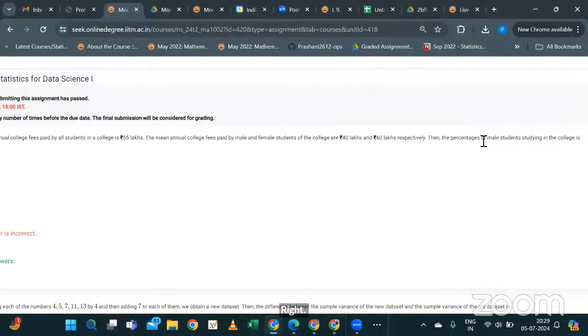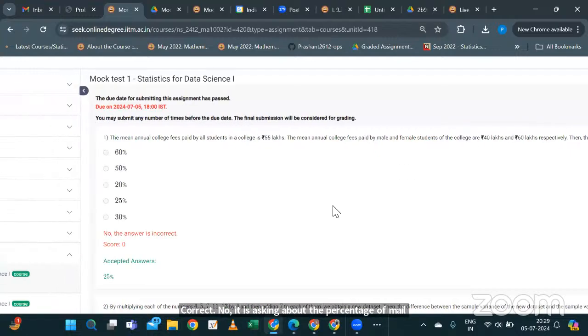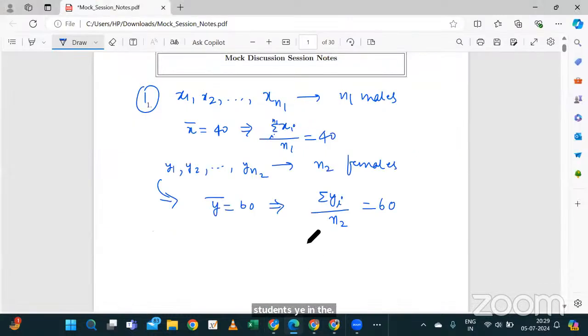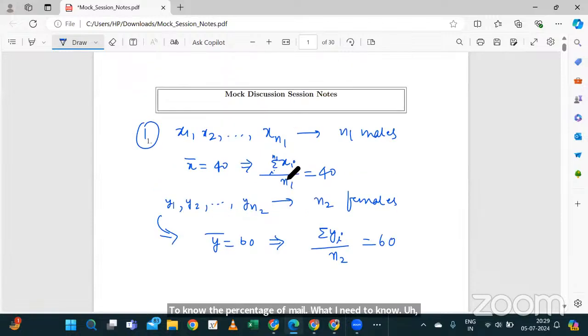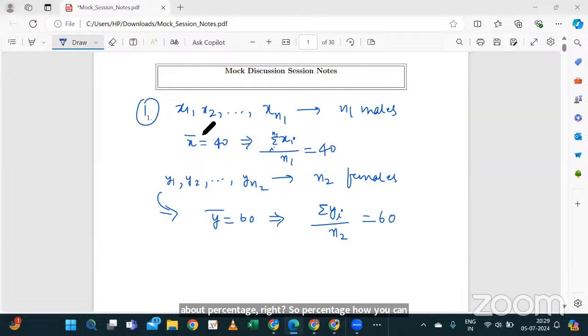Now it is asking about the percentage of male students studying in the college. First of all, to know the percentage of male students, what do we need to know? How do you calculate a percentage? Percentage is that value divided by the total, into 100.